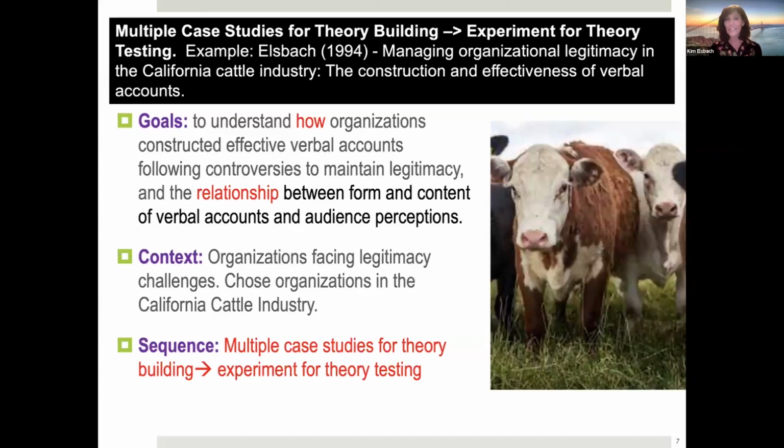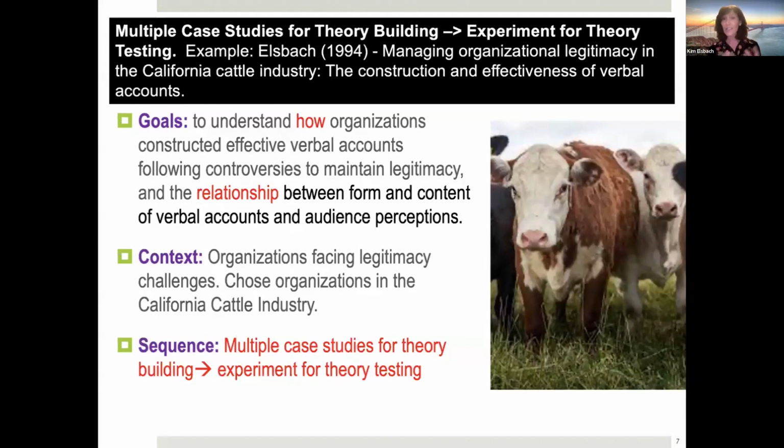My goal in this study was to understand how organizations constructed effective verbal accounts following controversies that threaten their legitimacy. And I also wanted to understand relationships between those accounts and audience perceptions. So I wanted to answer these how questions, sort of process questions, and understand relationships.